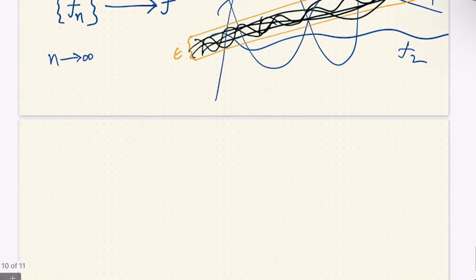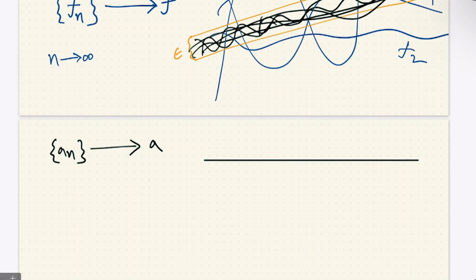So if you compare the same analogy with the sequences in real numbers, what do we have? An is a sequence which converges to A, let's say point A. That means what? In the real line, you have A1, somewhere A2, somewhere A3, and it goes on.